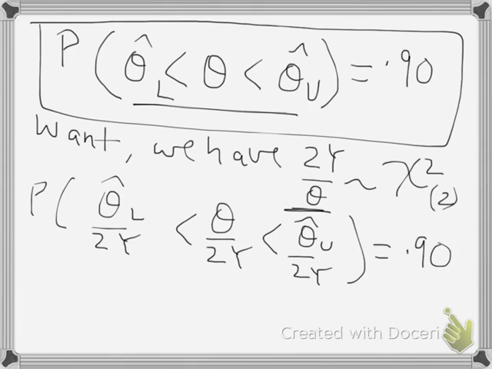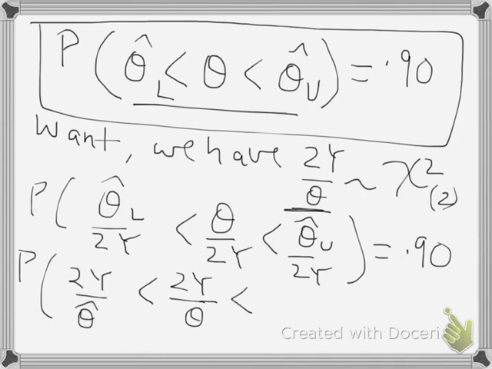And then I flip them, because I need 2y over theta, because I know that's a chi-square. When I flip, the inequality changes. So it becomes 2y over theta hat upper, 2y over theta hat lower is 0.90.